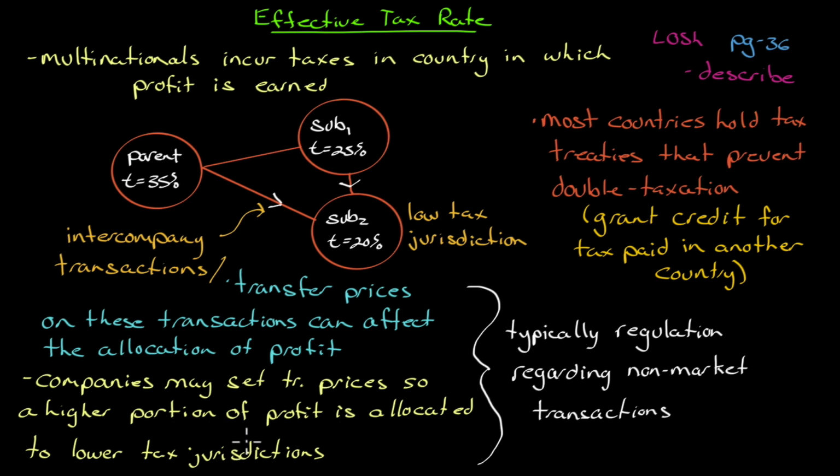And because it will be done, if it can be done, there's typically regulation regarding non-market transactions. An intercompany transaction is a non-market transaction. So there'll be some scrutiny applied to those transactions to determine how out of line they are from market transactions.